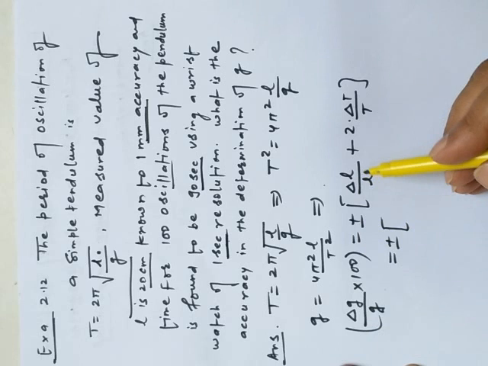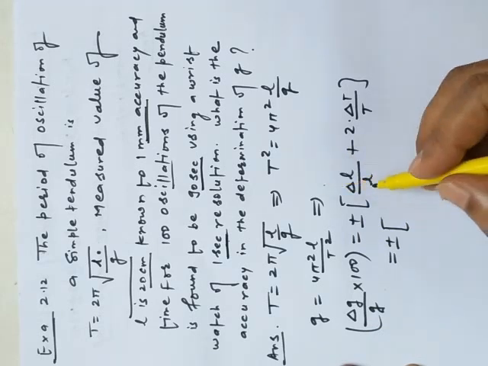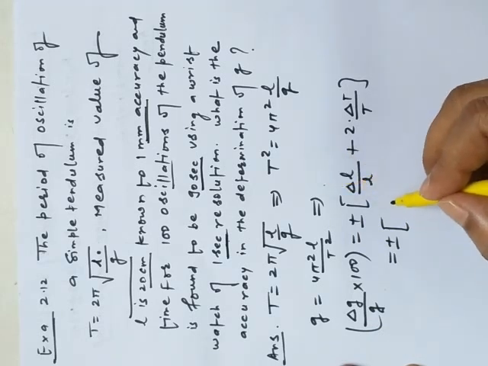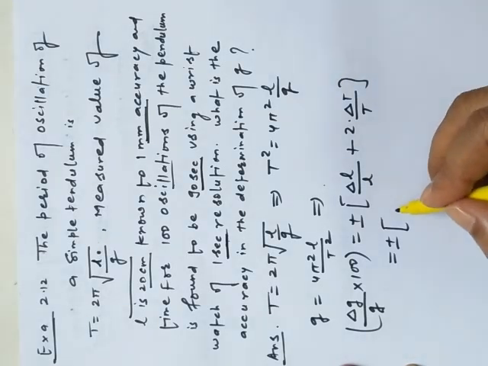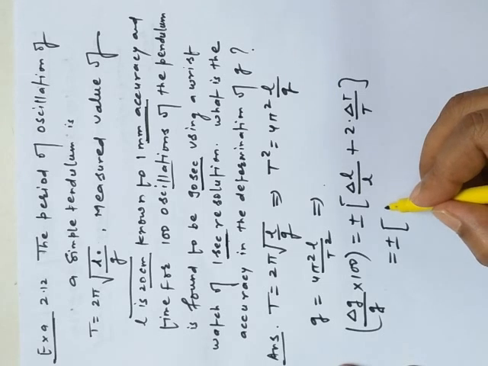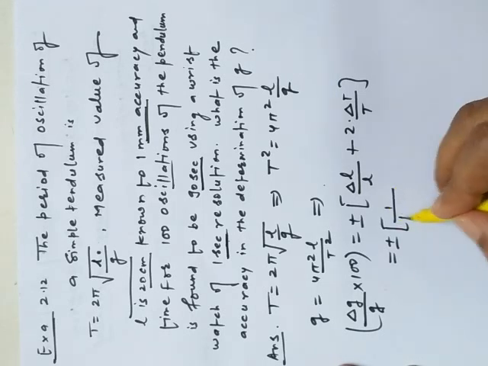Now delta L, what actually is the delta L? It is 1 mm accuracy, and we are converting it into centimeter. So I am writing 1 mm as 1 upon 10 centimeter.